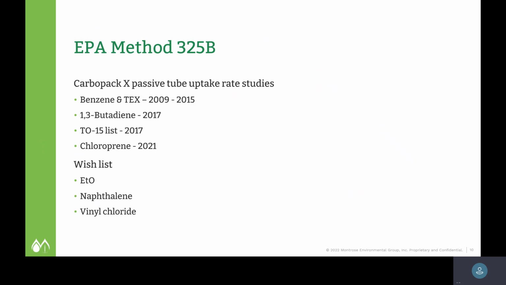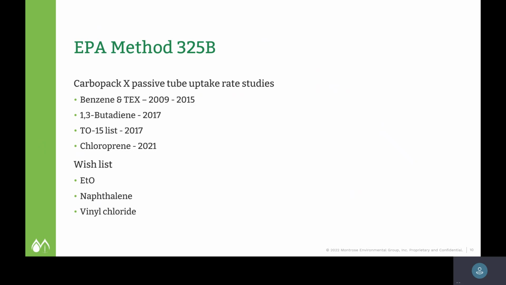The TO-15 list basically just took a whole bunch of compounds, threw it at the wall, to see what sticks. So that information was generated. There are a lot of questions surrounding that information, but that is a body of data that can be used moving forward. Just, hey, what's feasible?